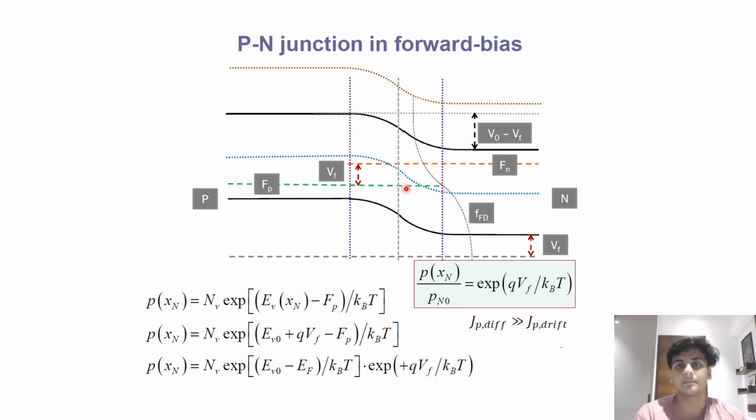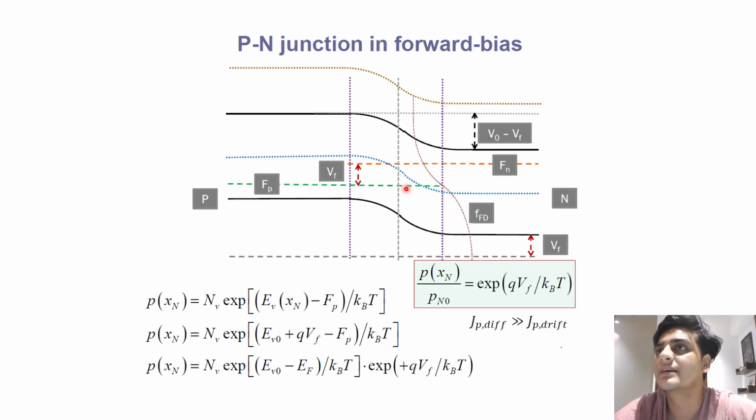But because you're applying this forward bias, denoted by V forward, your net difference of potential from the left to the right is going to reduce, because of course the energy of the electrons on the right hand side is going to be raised by this forward potential.